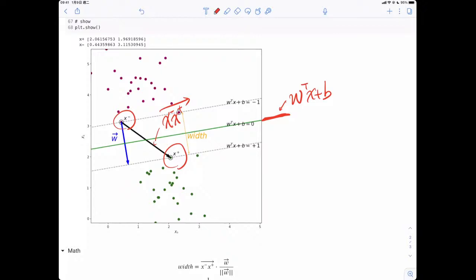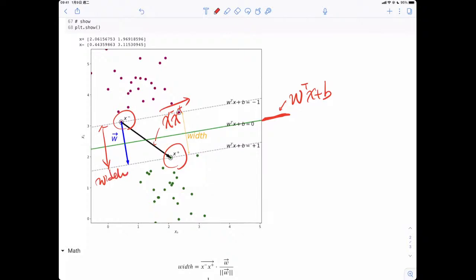If you can find the support vectors x minus and x plus, and you do the projection, you get the blue line, the w vector. The objective function is the length of this projection, which is right here, which is the width.